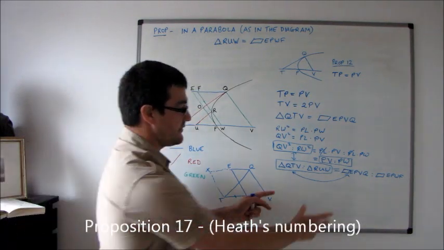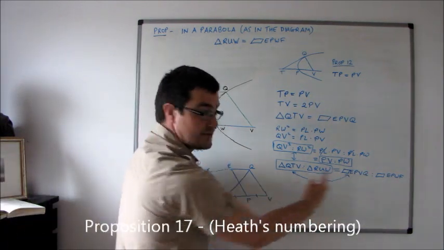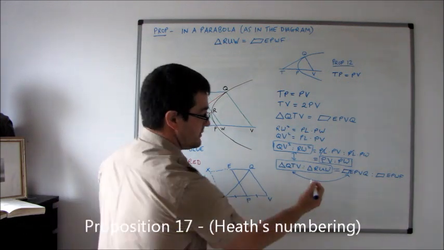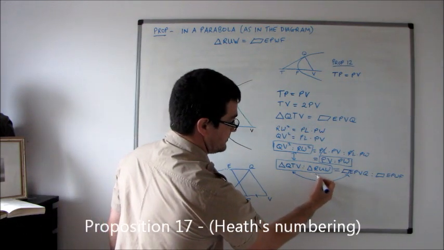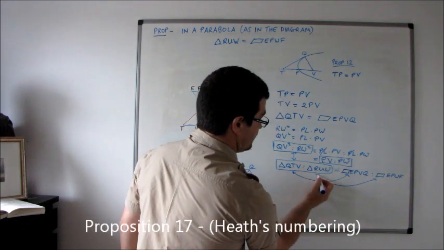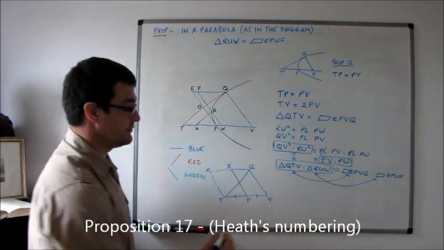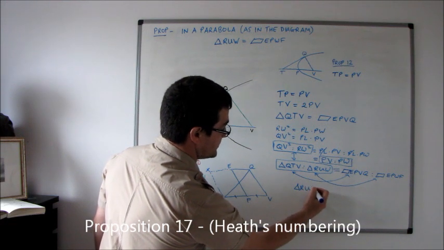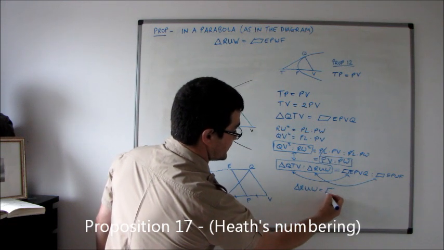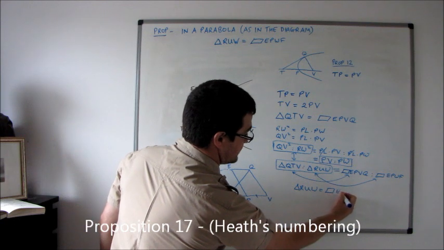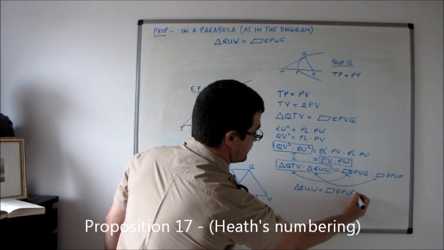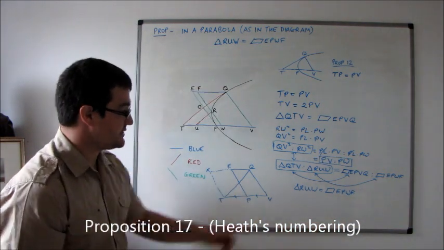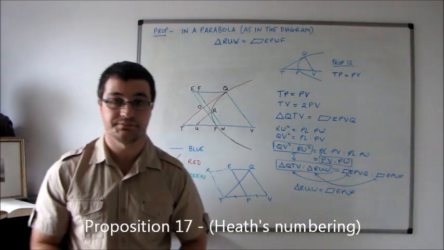So for these two ratios to be equal, these two must also be equal. So we conclude that the triangle RUW is equal to parallelogram EPWF, which is exactly what we wanted to prove.